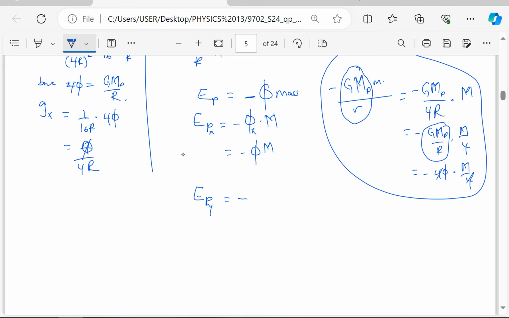So it is also going to be the potential. I will not put negative here because the negative automatically comes out, because it is the potential.